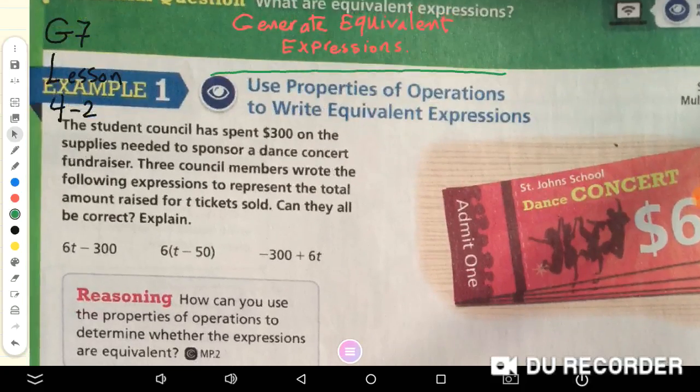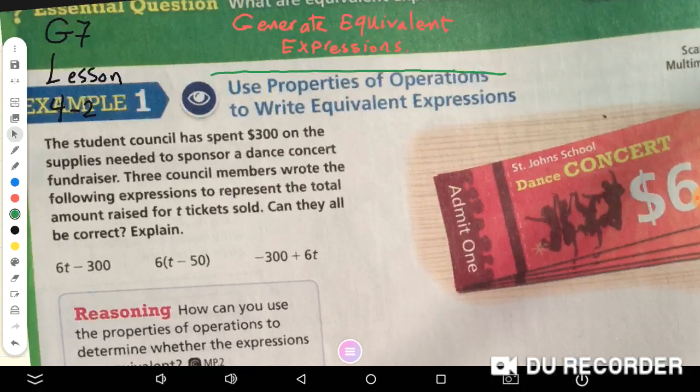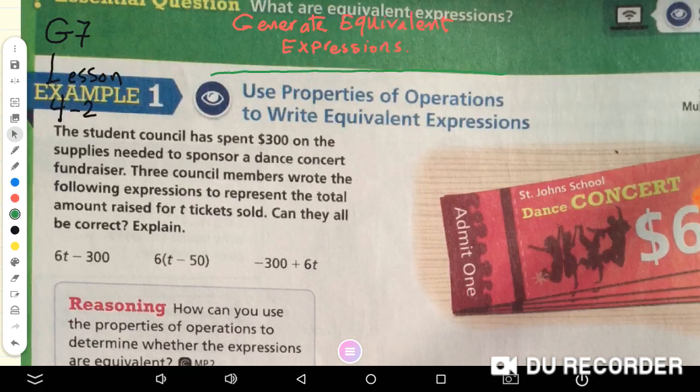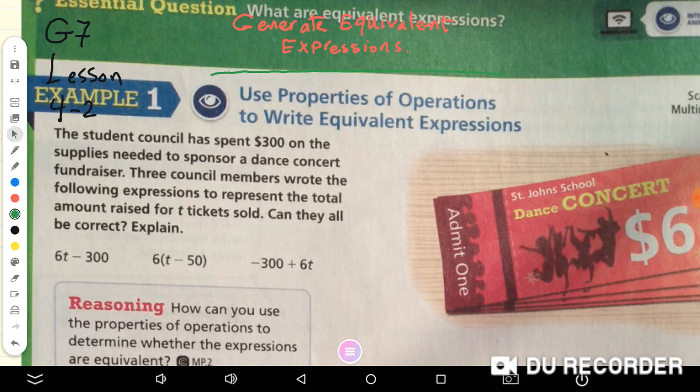The first example talks about the student council has spent $300 on the supplies needed to sponsor a dance concert fundraiser. Three council members wrote the following expressions.